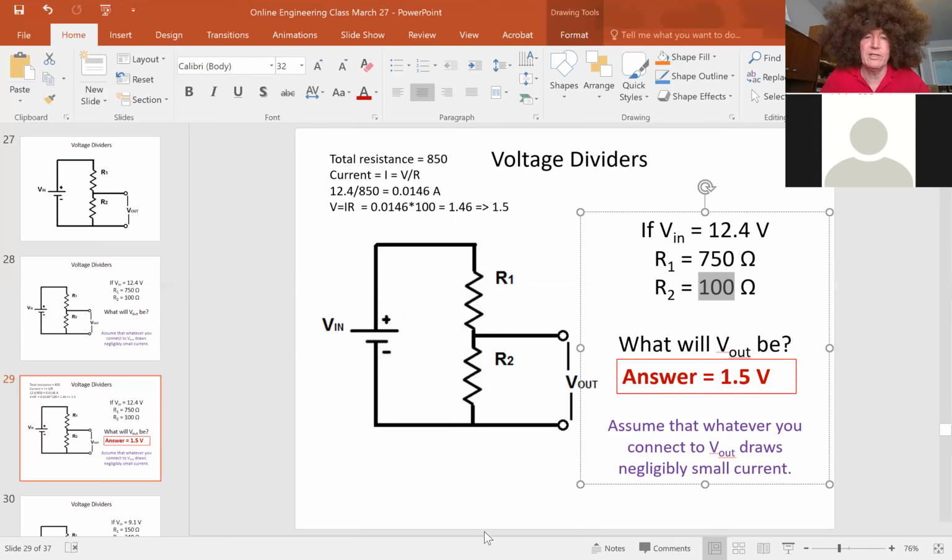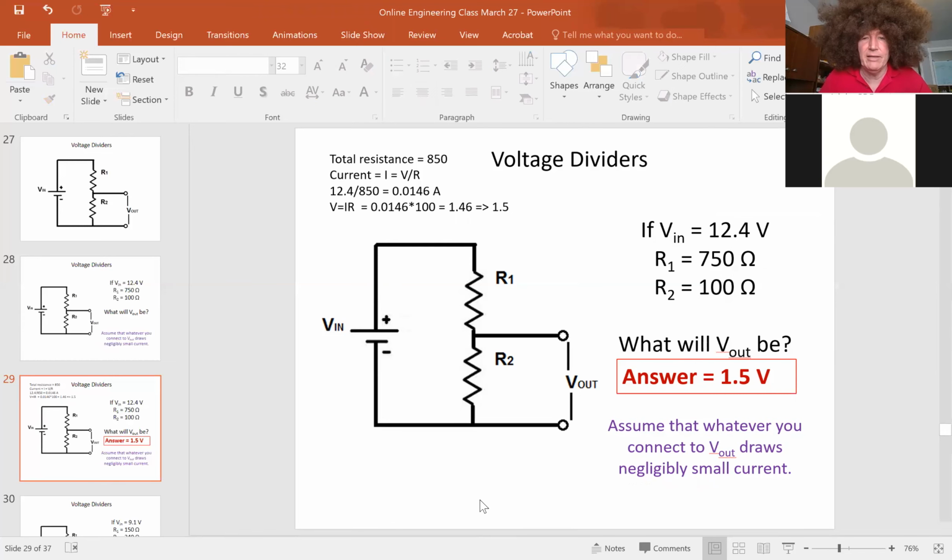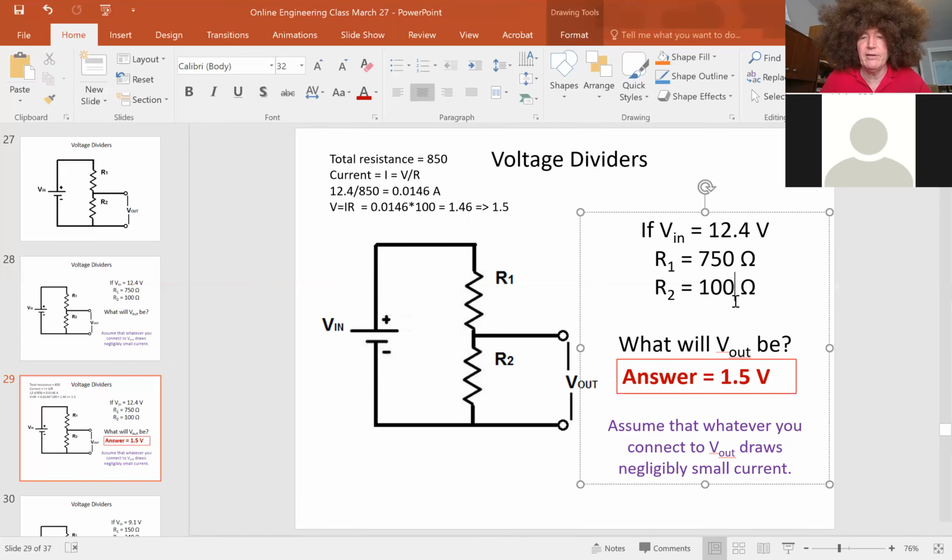Now, some of you are going to look at this number and say, wait a minute, 100 only has 1 sig fig in it. So I'm going to assume that 100 is actually 100 with 2 sig figs worth of accuracy. The better way to write that is 1.0 times 10 to the second.